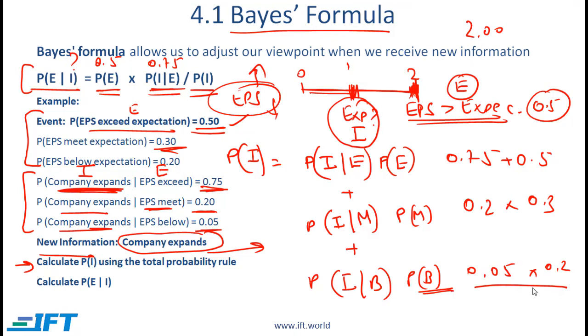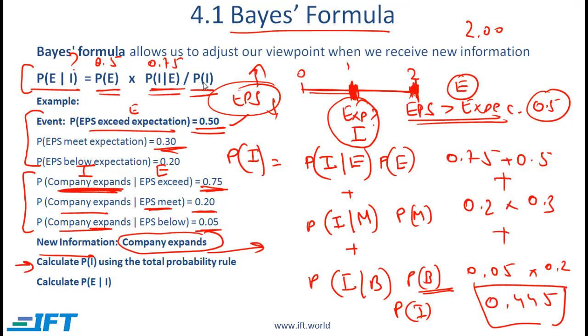You add up all these numbers, and what you should get is 0.445. So the probability of I, the probability that the company expands, is 0.445. This is the unconditional probability that the company expands, and this is the probability that you are actually computing before the information was released.